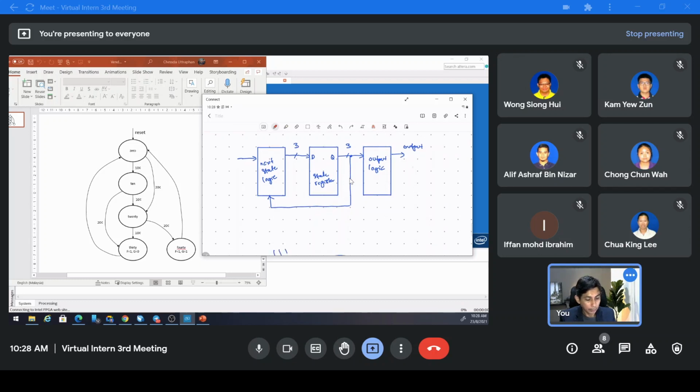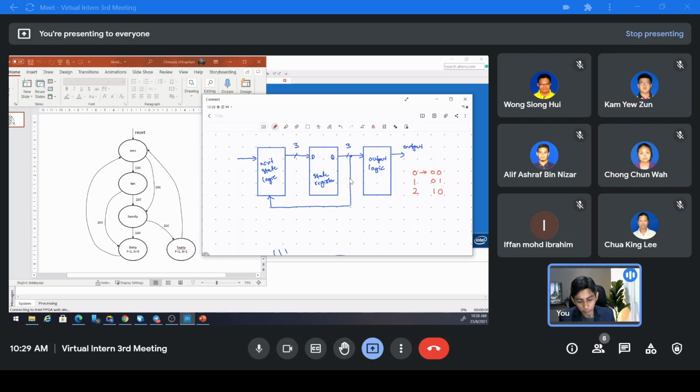We have no input. Yeah, no input means maybe 0 to represent no input, 1 to represent 10 cent, 2 to represent 20 cent. All right. So of course in binary, this one is 0, 0. This one is 0, 1. This one is 1, 0. So it should be enough.